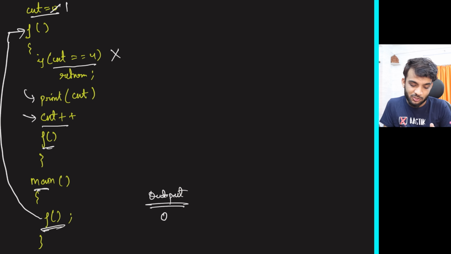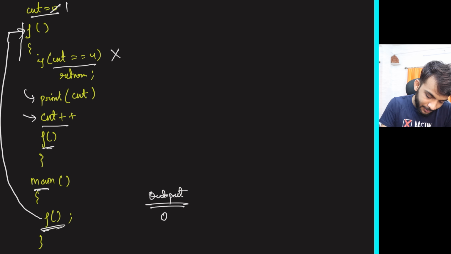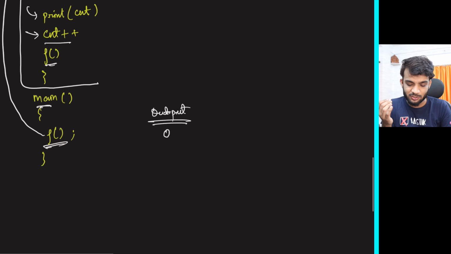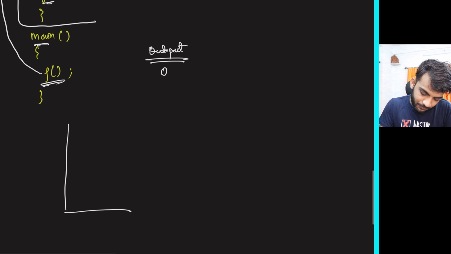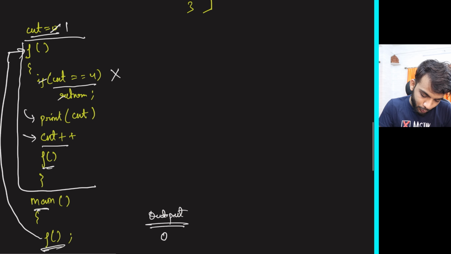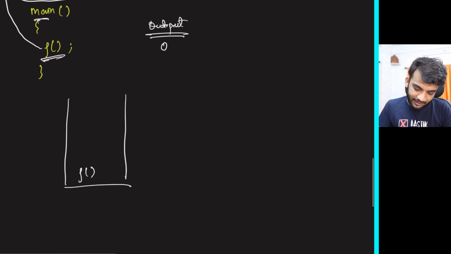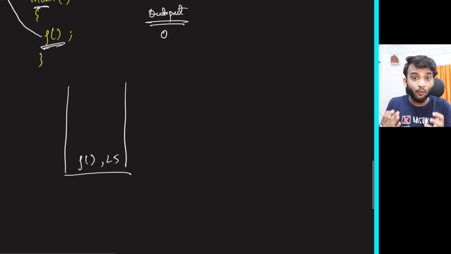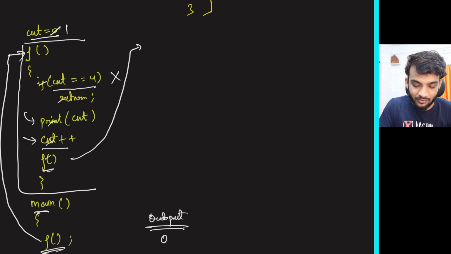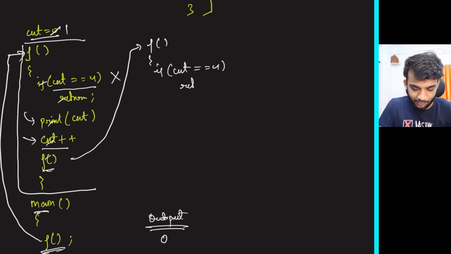So in the stack space, this function will be awaiting. This function will await in the stack space. In the stack space, this function is at line number 5, out of lines 1, 2, 3, 4, 5. Why? Because it goes and again calls the same function in the memory, which this time checks is count equal to 4, and then returns.